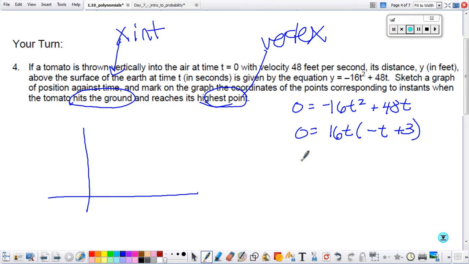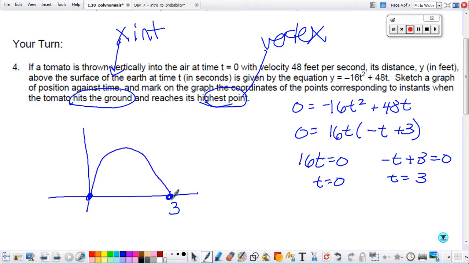I can set each factor equal to 0. And then you get time is 0 and time is 3. So 0 is an x-intercept and 3 is an x-intercept. That's a general shape. It's an upside down parabola again. So for the vertex, negative b over 2a, negative 48 over 2 times negative 16.